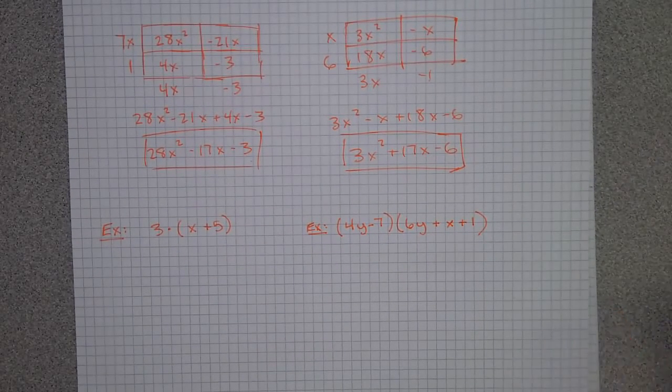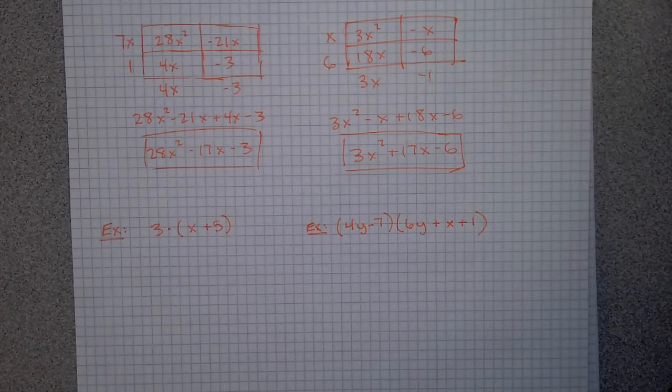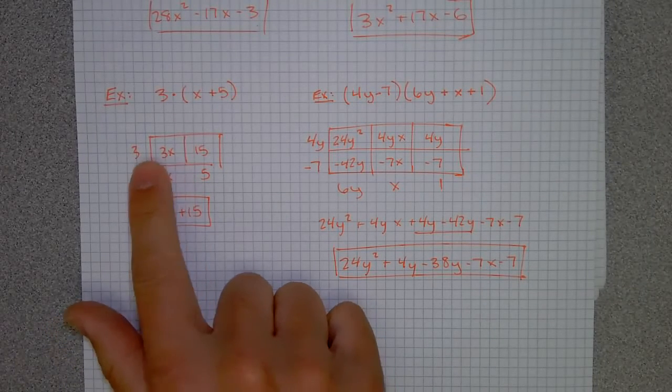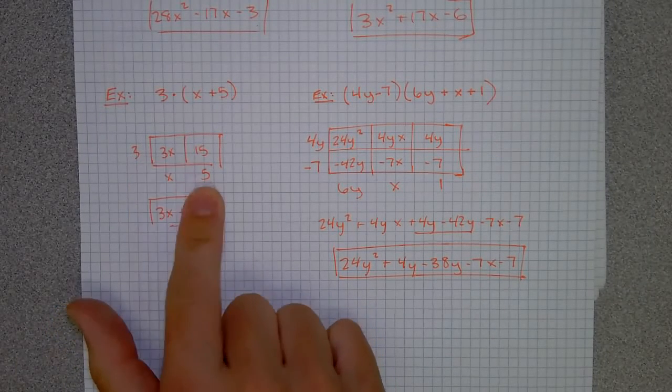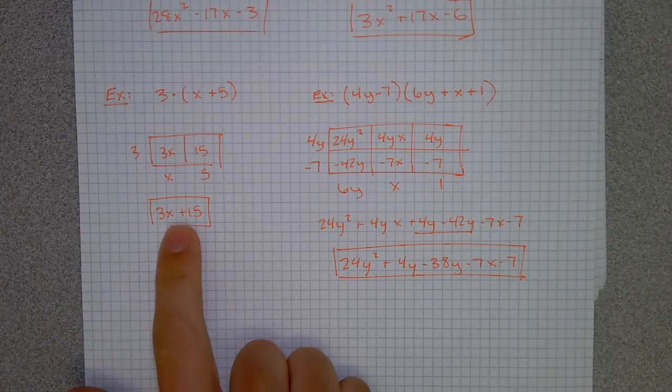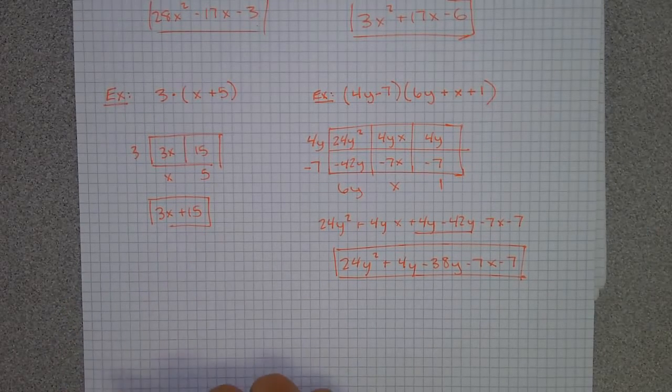Okay, they're not 2x2s, so think about what you have to change for your rectangle setup. Okay, but try these on your own. 3 times x gives you 3x. 3 times 5 gives you 15. Okay, nothing to combine right there, so we just are left with 3x plus 15.